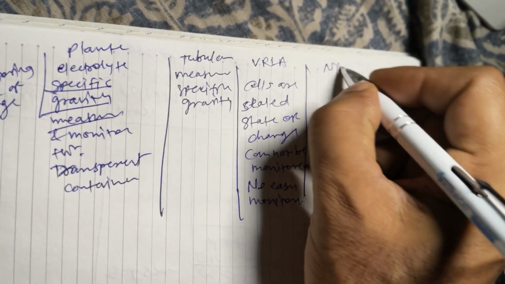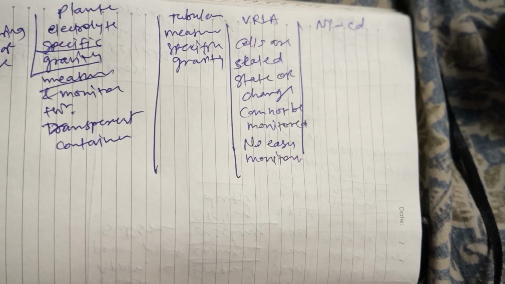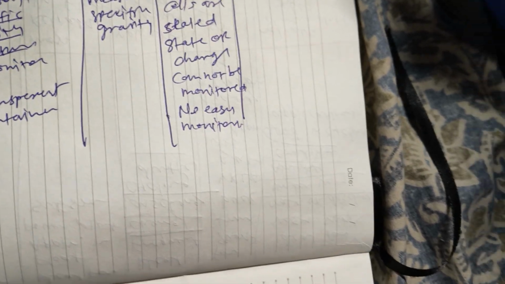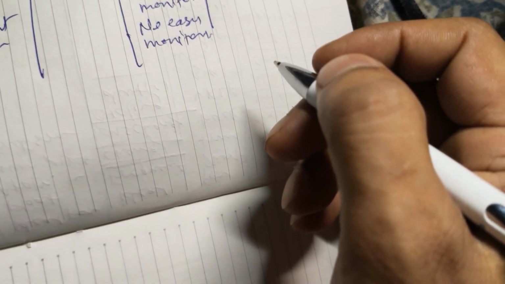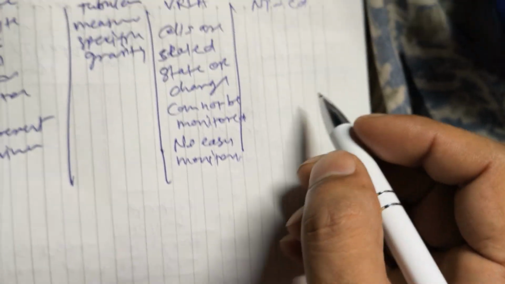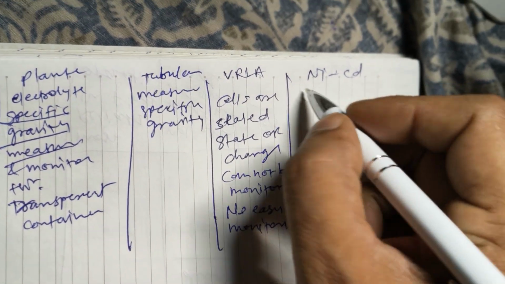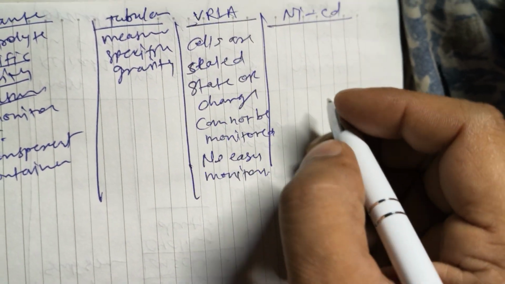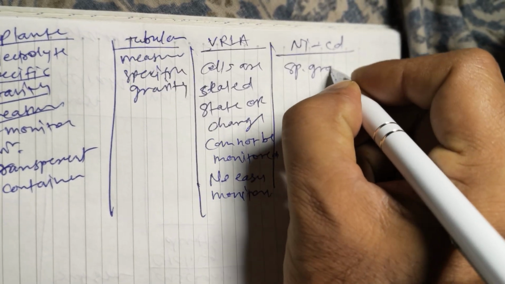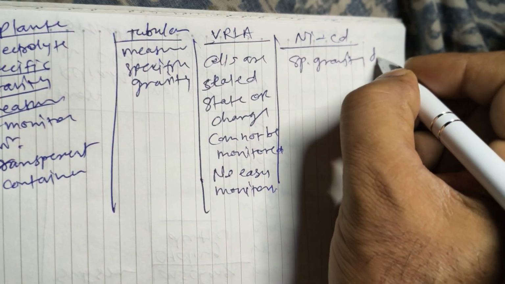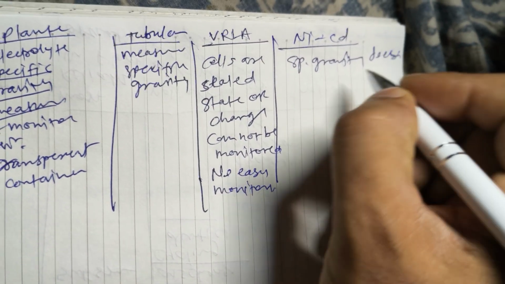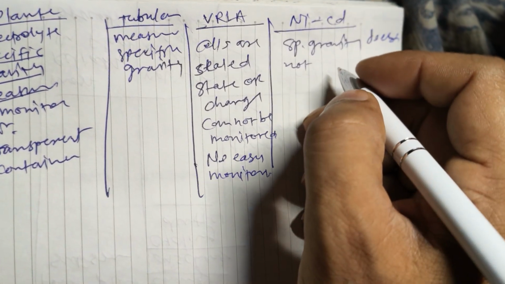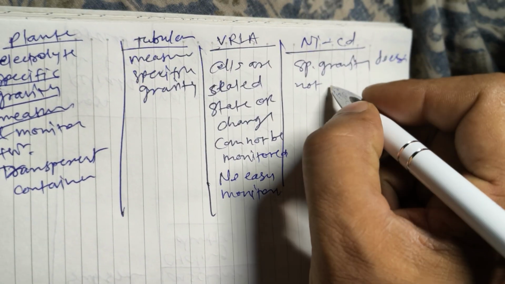This is NiCd. In NiCd, electrolyte specific gravity does not indicate the cell condition. So this is a different one.